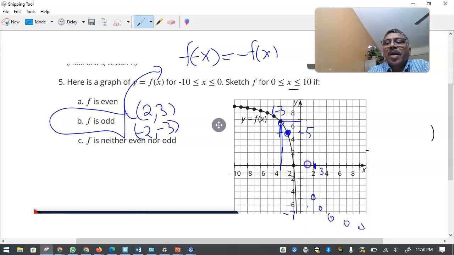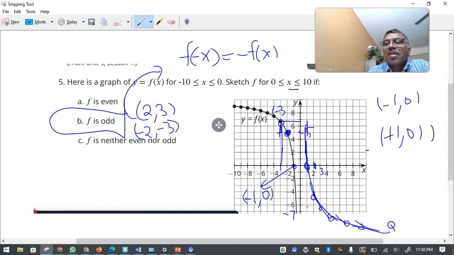This point will go right here because this is minus 1. This point is minus 1, 0, which if I change both the input and output, becomes plus 1 and 0. So that's why, and you get this graph here. So this will complete the odd function.